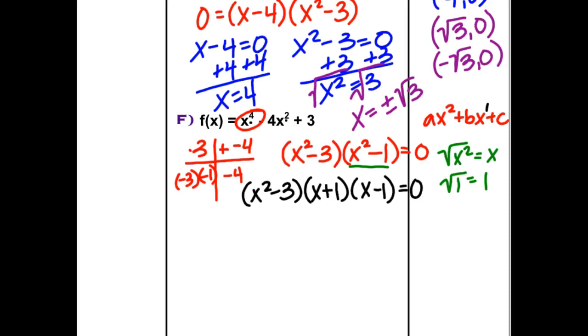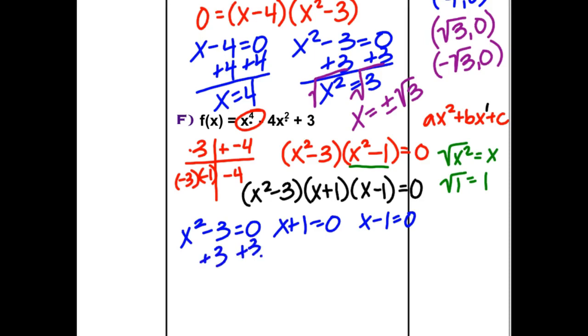So now we've got that x squared minus 3 equals 0, x plus 1 equals 0, and x minus 1 equals 0. Well, we learned in the last example that we would add 3 and then square root, which means you get x equals plus or minus the square root of 3.